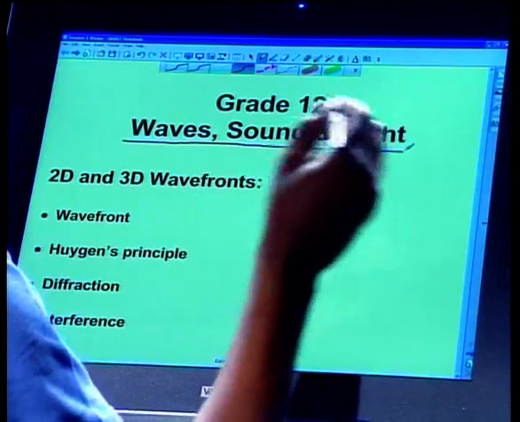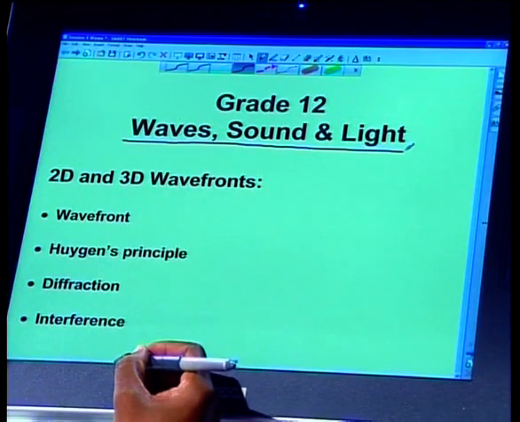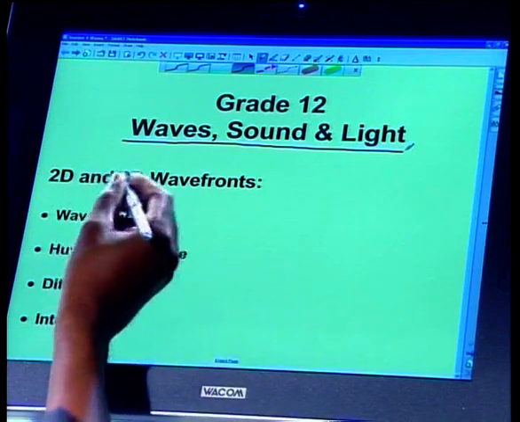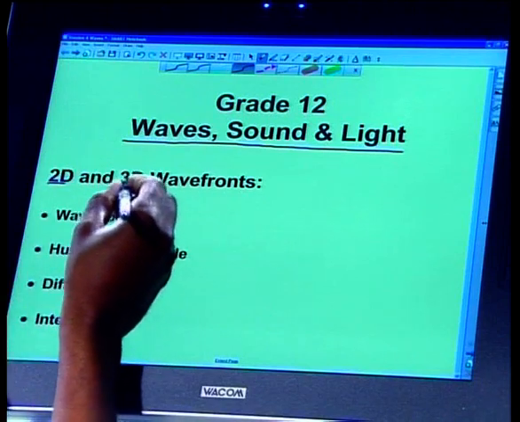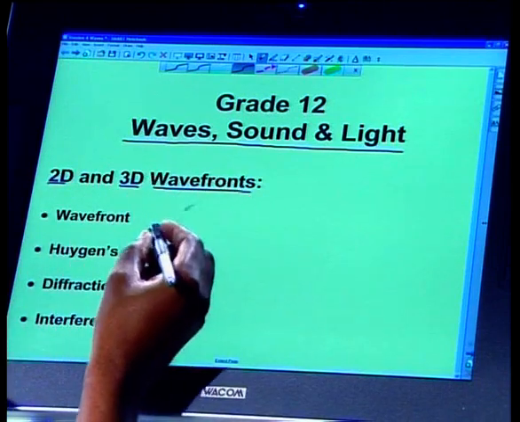Today we're going to talk about the section on waves, and that topic is found under Waves, Light and Sound as our knowledge area. We're going to look at 2D and 3D wave fronts.